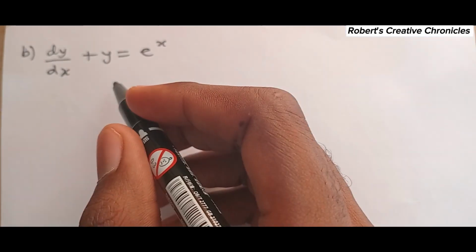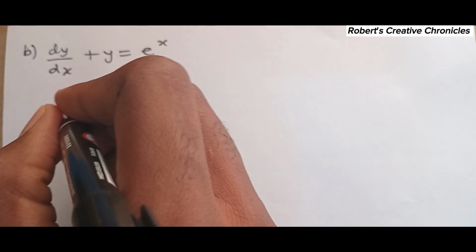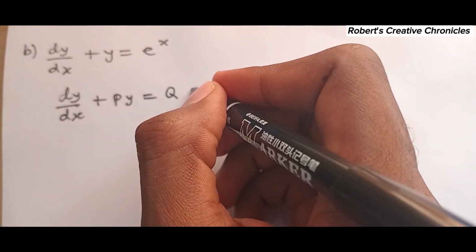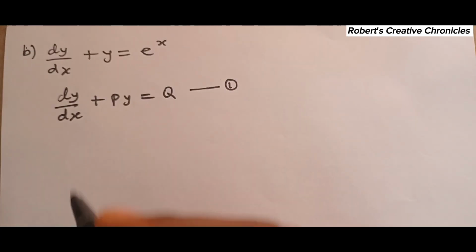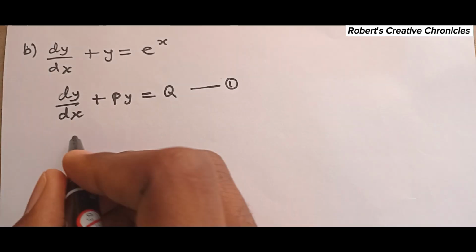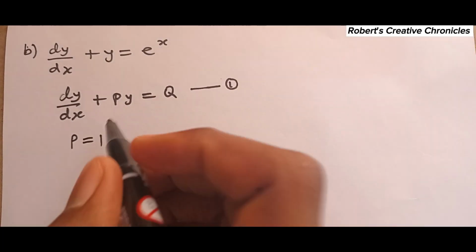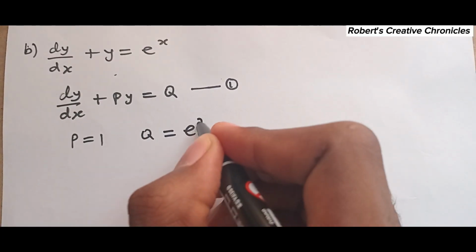So here's the B part. Unlike the A part, the B part is more like a standard linear differential equation: dy over dx plus py equals q. We can directly compare it to the equation. Comparing these two equations, p equals 1, that is the coefficient of y, and q equals exponential x.